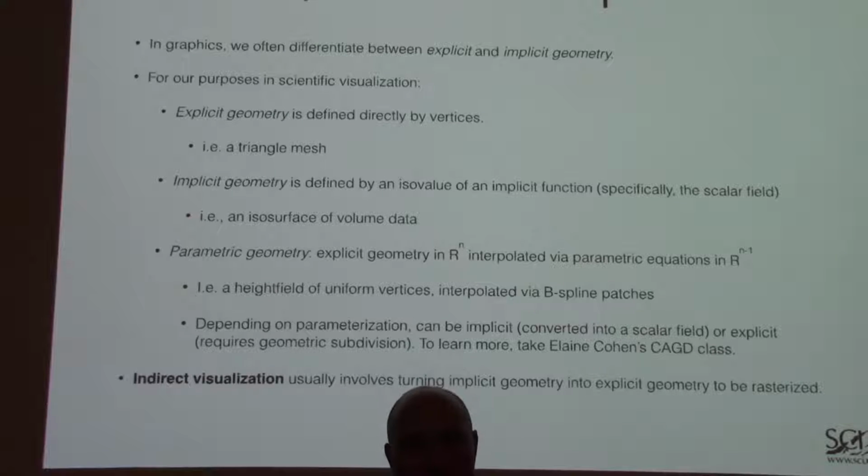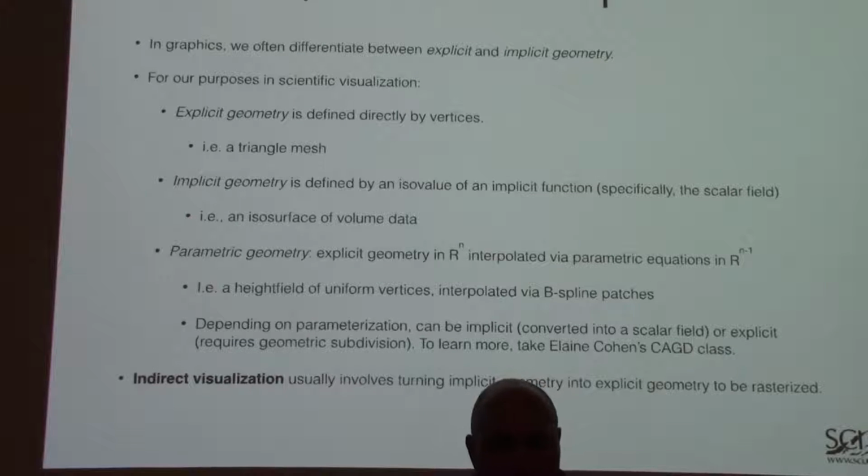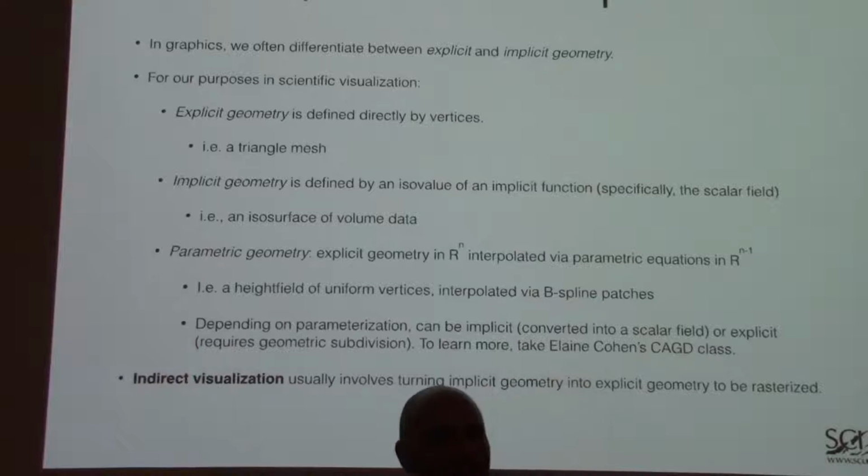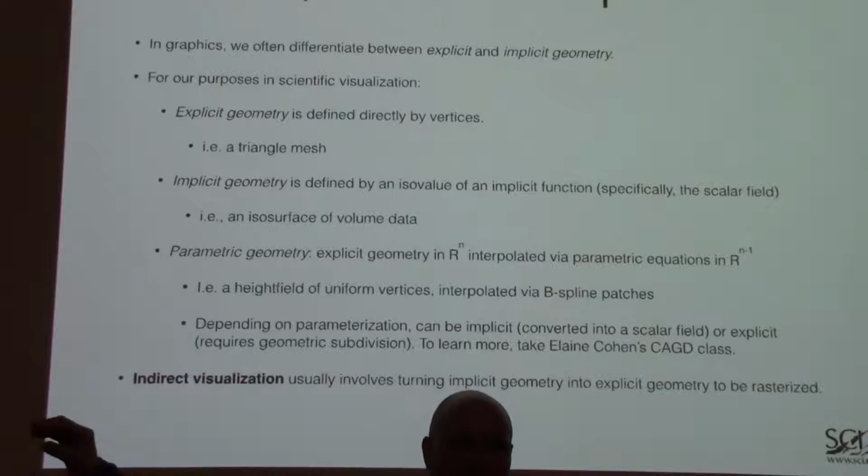Generally, implicit versus explicit refer to how we reconstruct a geometry from a scalar field, or from something that is not explicit geometry. So explicit geometry is defined by vertices. And the best example I can think of that is a triangle mesh, where you have vertices and indices explicitly enumerated. And then you just need to send it to the rasterizer and render it.